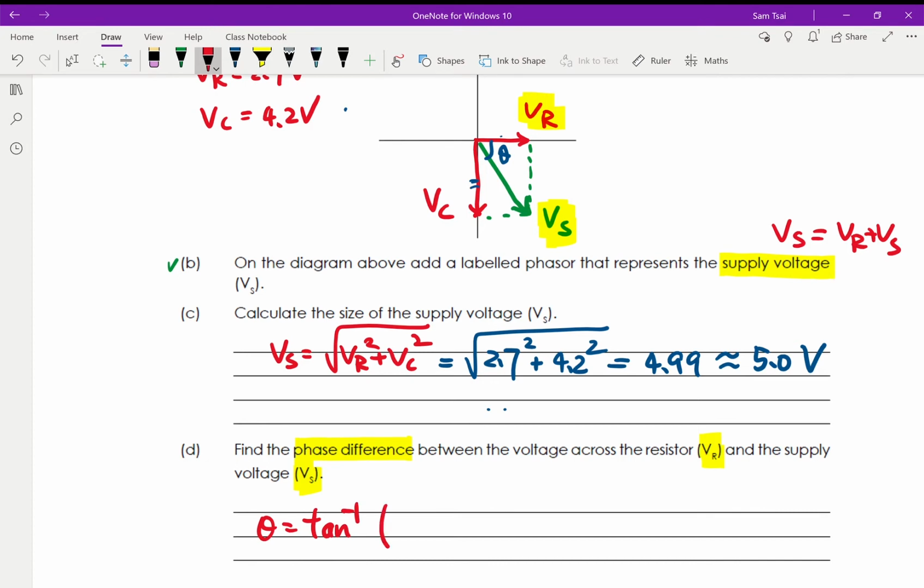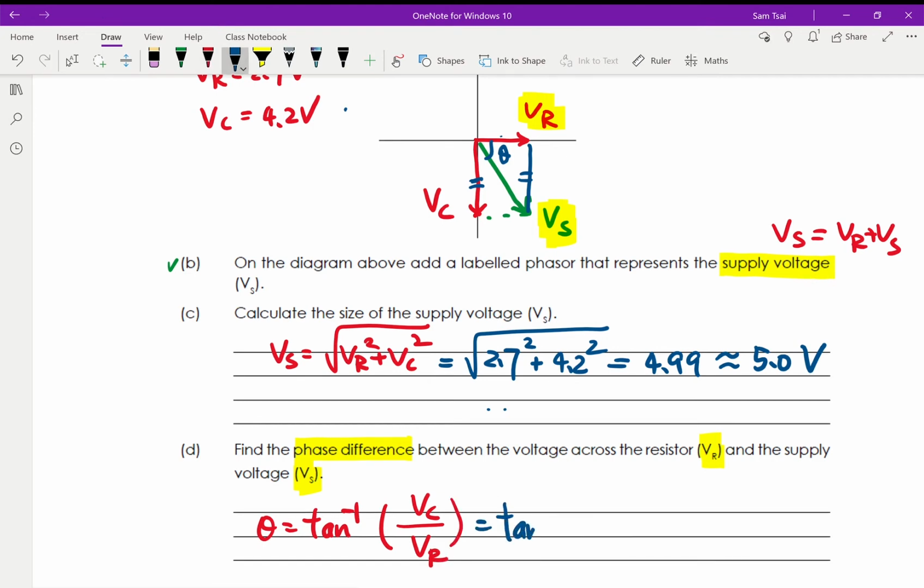Arctangent of opposite over adjacent. What is opposite? This is opposite, and this is VC, and adjacent is VR. Now we can put the numbers in.